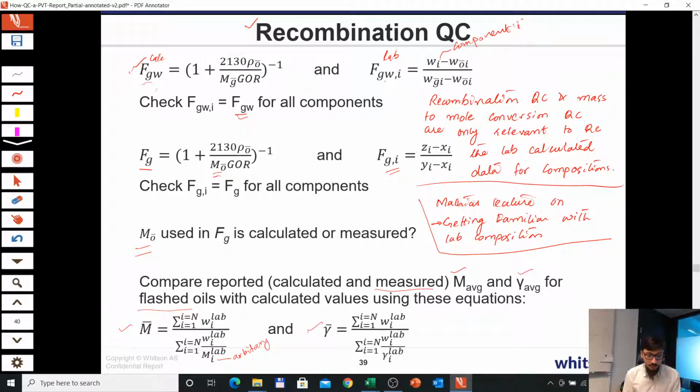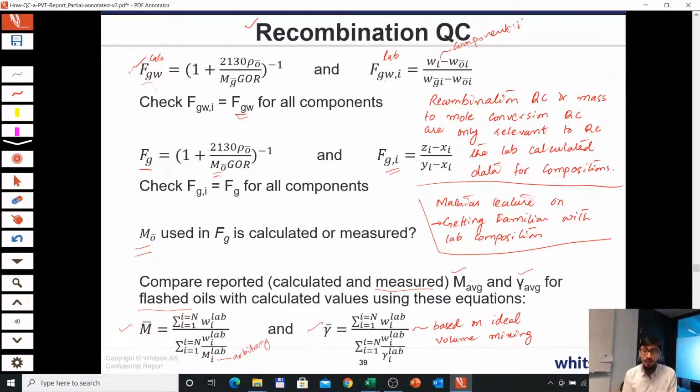Okay. And this equation here is based on ideal volume mixing. What do we mean by ideal volume mixing? If you take, for example, 1 barrel of gasoline and 1 barrel of kerosene and mix them together, you get 2 barrels of the mixture.